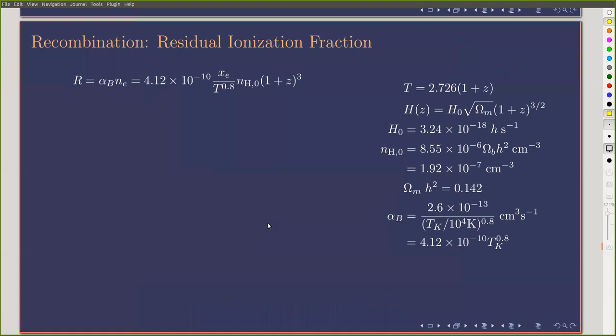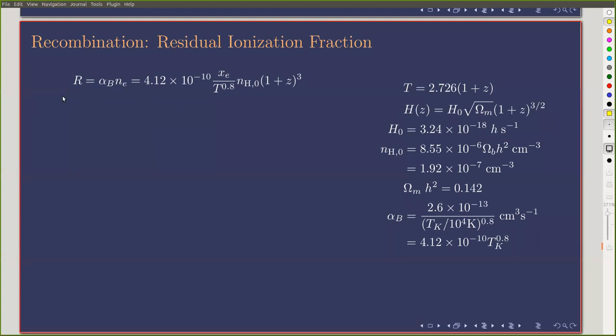It is because the recombination rate starts becoming equal to the expansion rate, which means the universe suddenly starts expanding fast enough that the process of electrons and protons coming together and forming a hydrogen atom is slower than the expansion of the universe, which means the ionized fraction almost freezes out.